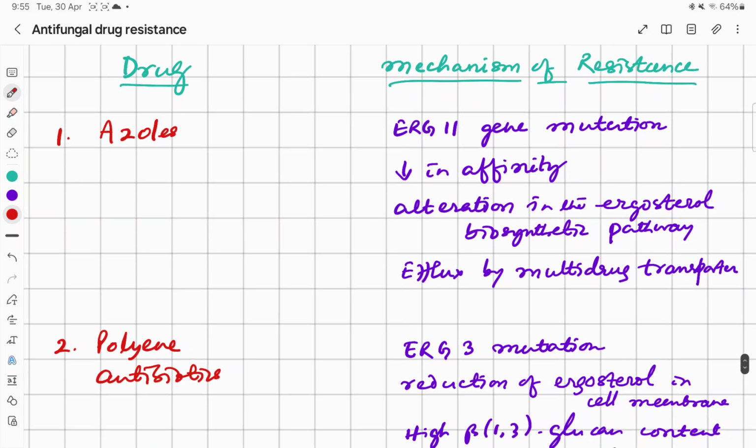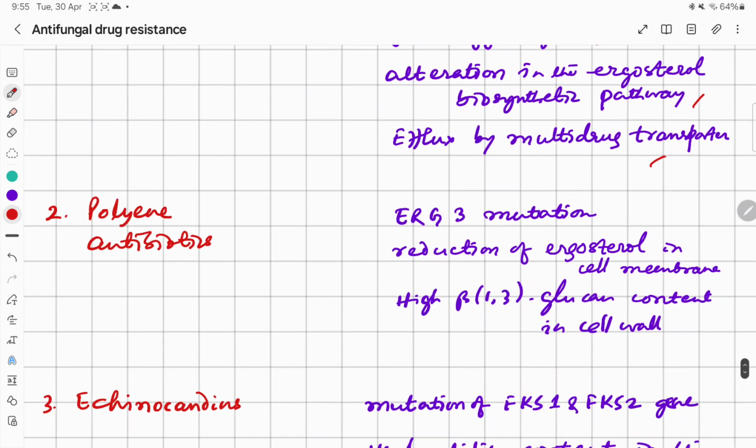Azoles: because of ERG11 gene mutation, decrease in affinity, alteration in the ergosterol biosynthetic pathway, efflux mechanism by multi-drug transporters. These are the mechanisms for resistance to azoles. Then for polyene antibiotics, different mechanisms of resistance are ERG3 mutation, reduction of ergosterol content in cell membrane, and high beta-1,3-glucan content in the cell wall.